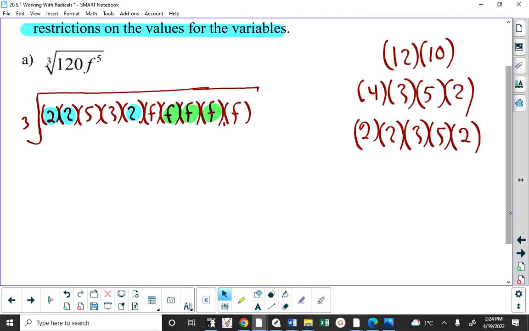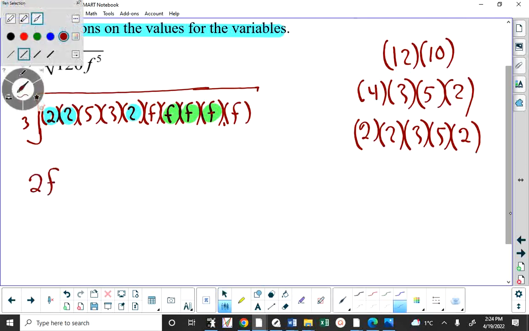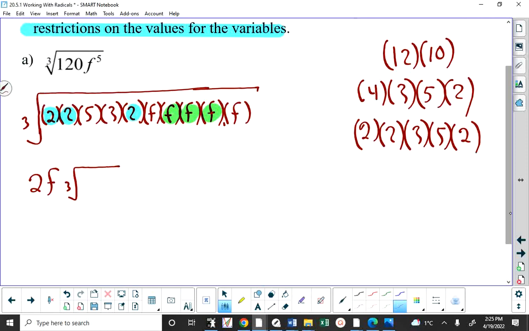So I'm going to have a single 2 outside, a single f outside, and then cube root of whatever's left. So we've torn this all apart. Now we just throw it all back together, whatever's left. We have a 5 and a 3 being multiplied, so that's 15. And then I have 2 f's, which is f times f, or f squared. So the answer is 2f times the cube root of 15f squared. Any questions in getting that as an answer?